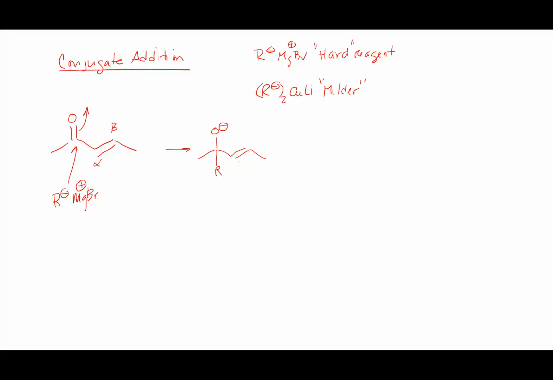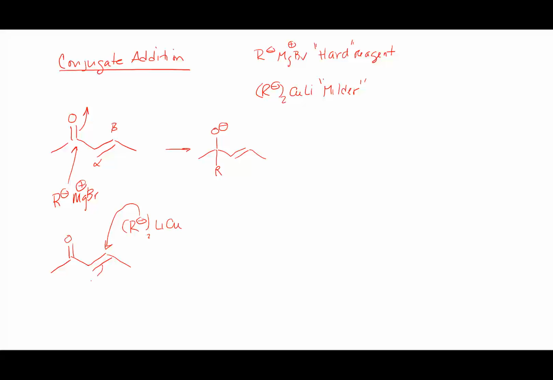But the lithium cuprate is a little bit milder, and it'll do what's called conjugate addition. So the conjugate addition is the R- on the lithium cuprate will come in and add to the beta carbon.